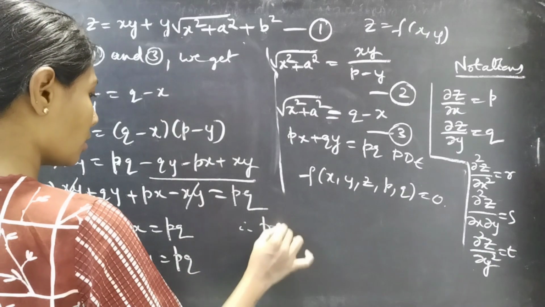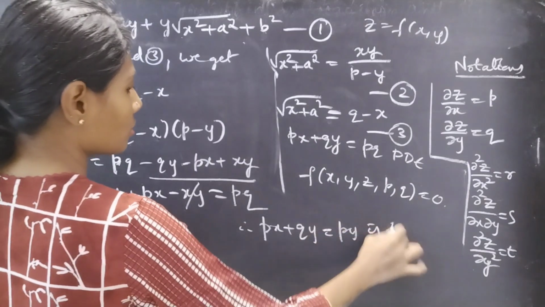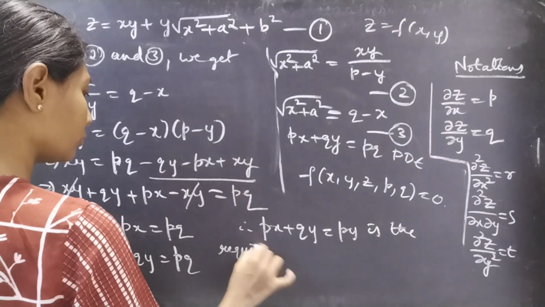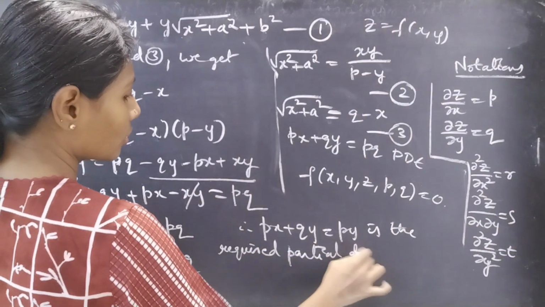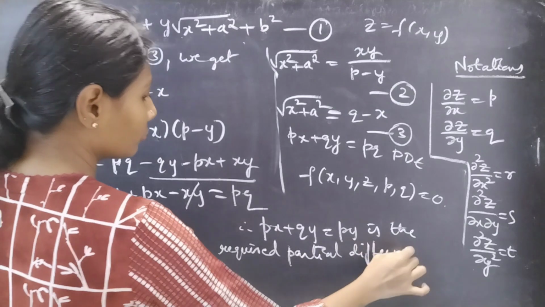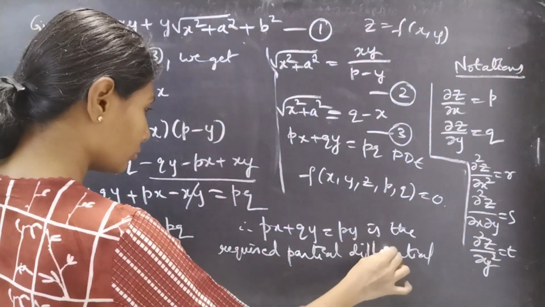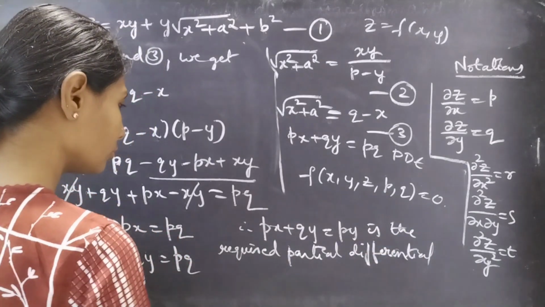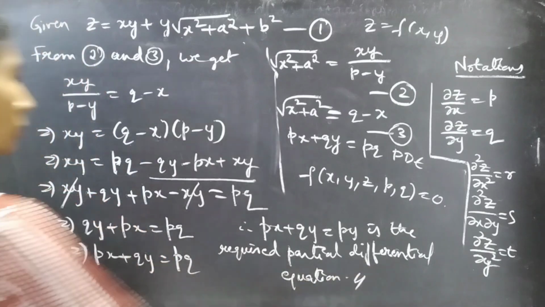Therefore px plus qy equals pq is the required partial differential equation, which completes the problem.